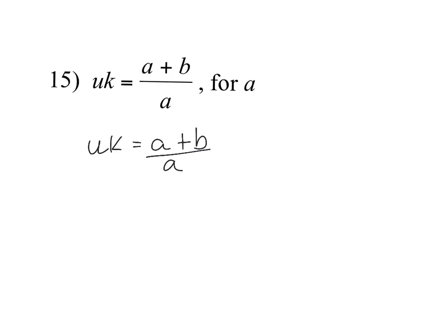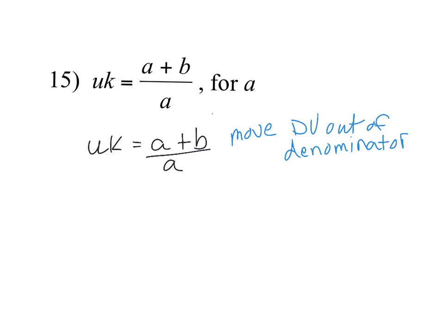So I'm going to move that designated variable out of the denominator. If it is in the denominator, that means that we are dividing by a. That's what the little fraction bar means, division. So we are going to cancel that out by multiplying both sides by a.